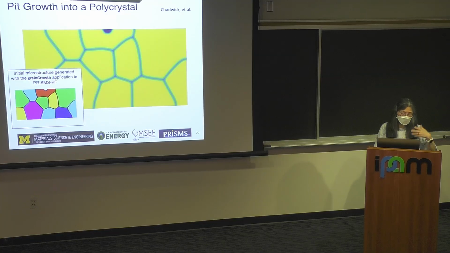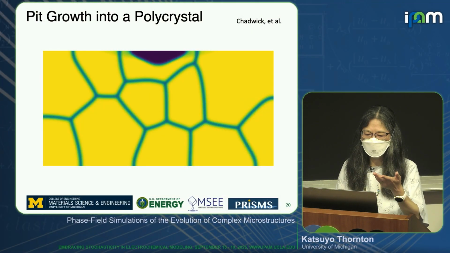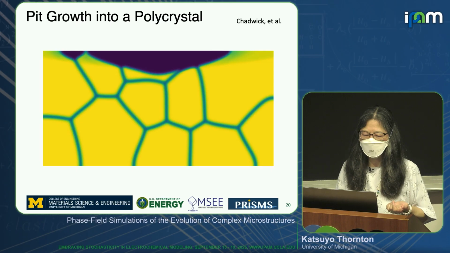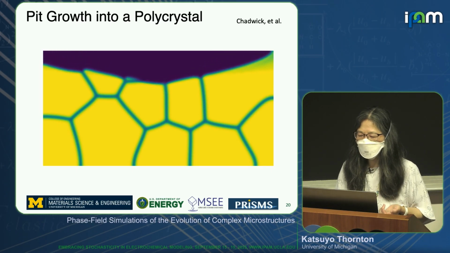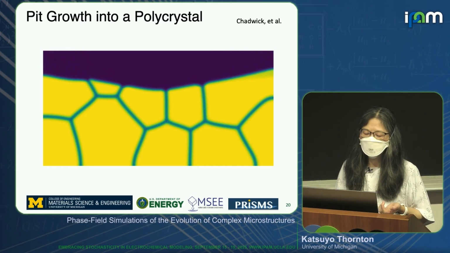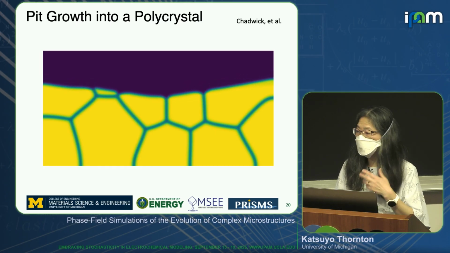Grain boundary is usually more susceptible to corrosion, which can be modeled in terms of I naught, the corrosion current coefficient, changing, or you can put in a different corrosion potential. So you can simulate what would happen if you have more grain boundaries versus fewer grain boundaries.